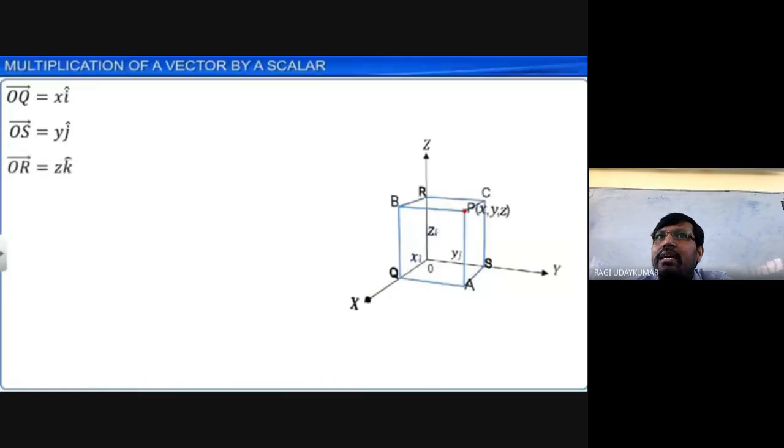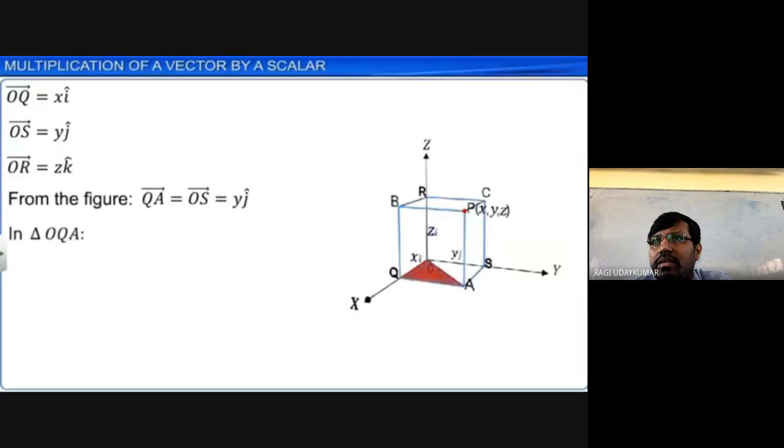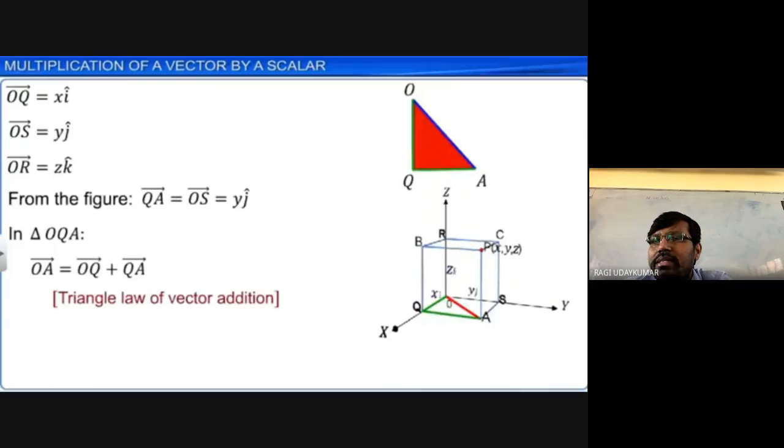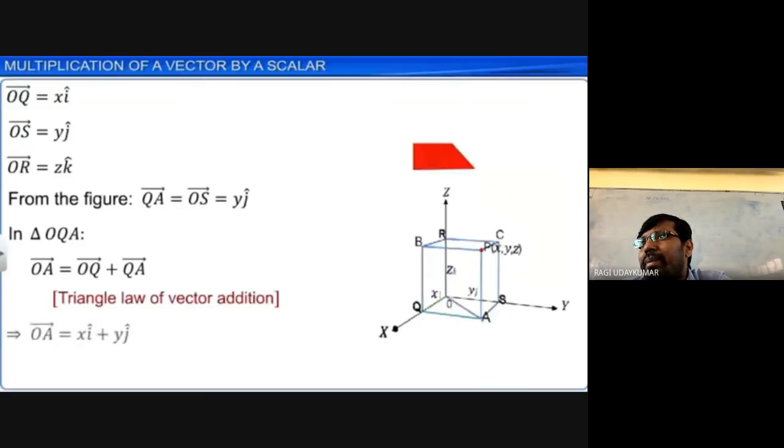Here i cap, j cap, k cap are unit vectors in the direction of the x axis, y axis, z axis. And the position vector OP can be written, from the figure, Q to A is yj, and that is perpendicular. It is not showing to you as a perpendicular, but that is perpendicular. Apply the triangular law.